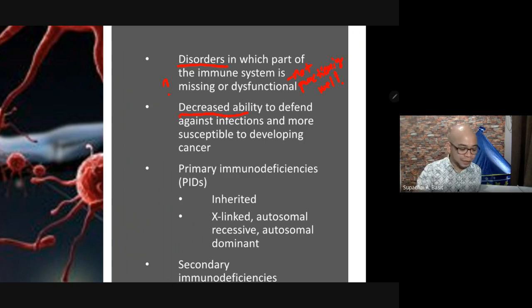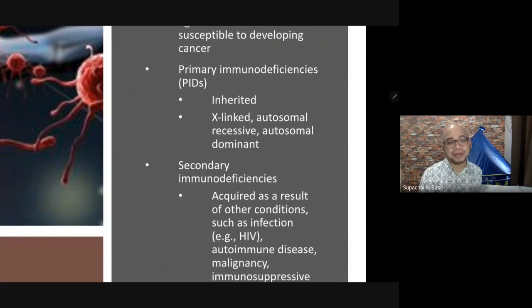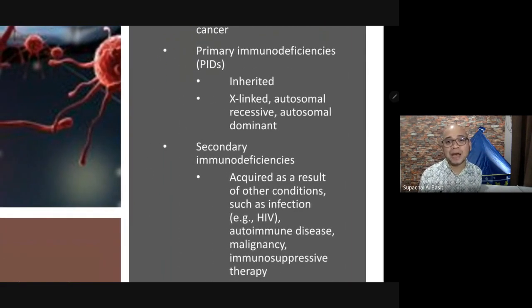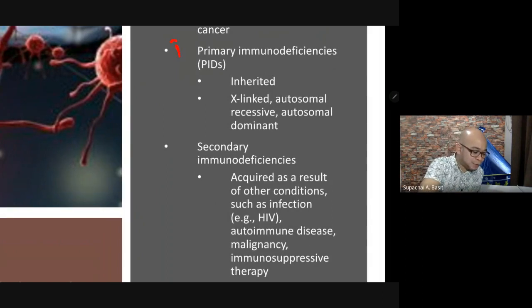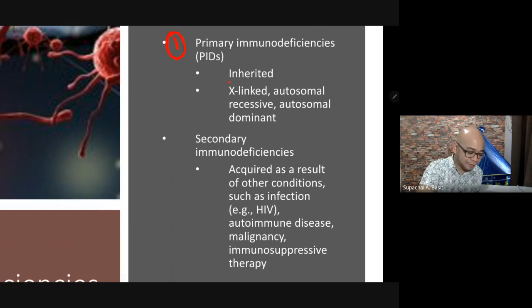As a result, we can actually divide our immunodeficiencies into two. Either we have the primary immunodeficiencies, otherwise known as PIDs, not to be confused with pelvic inflammatory disease, and the other one is secondary immunodeficiencies. When we say primary immunodeficiencies, it is something that is inherited, meaning it is congenital.